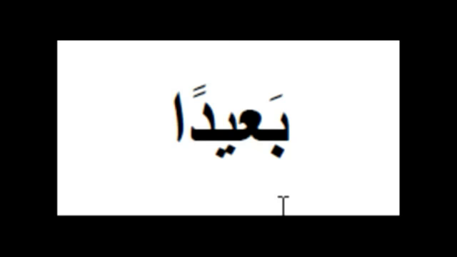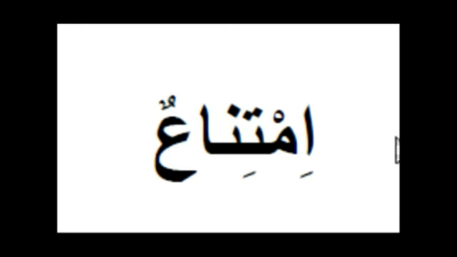We'll go on to our third word. The third word was imtina'un. So check your answers. Imtina'un. Here we put the kasra under the alif because we're representing here the hamza.